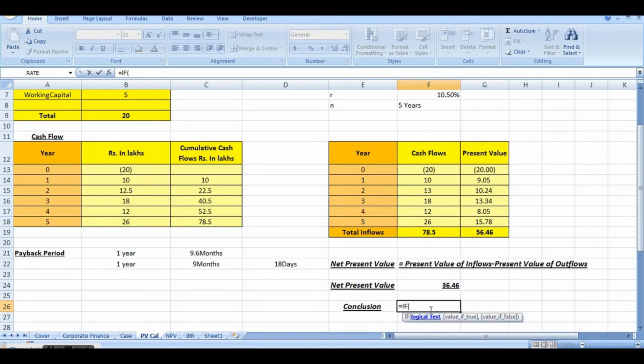You will accept only if the net present value is higher than 0, you will accept the project, and if it is negative, you will reject the project. This is what you want as a verdict. Close the bracket, accept project.